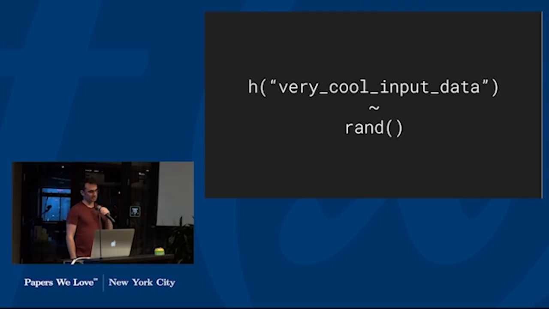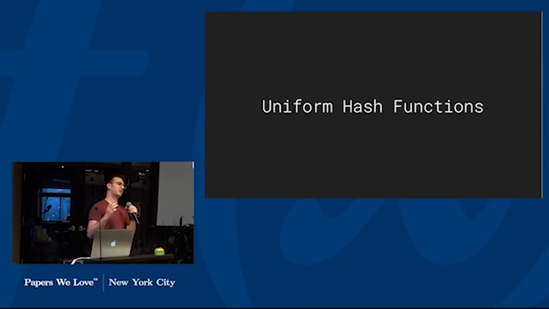So hash functions exist, which is great for us, because hash functions make things look random. Turns out that's one of the weakest guarantees you can put on a hash function. Uniform hash functions are pretty common. You can ask a lot more of your hash function, like a cryptographic hash function is a really good example of something that looks random and also guarantees you a whole bunch of other things that I'm not going to talk about, because I don't really know what I'm talking about there.